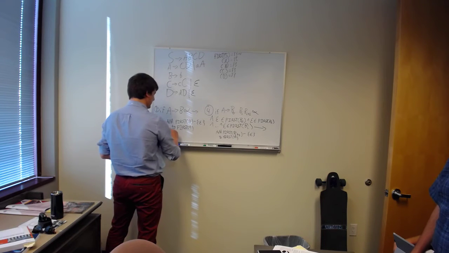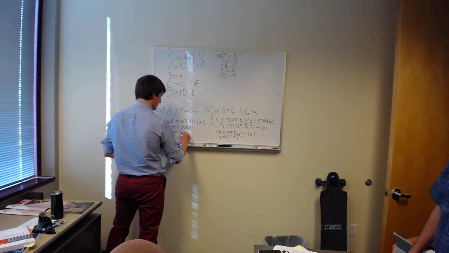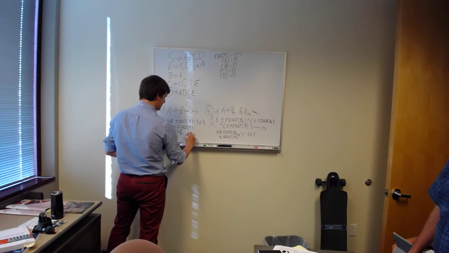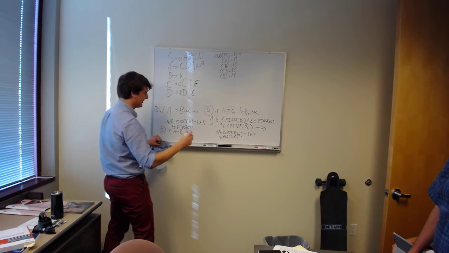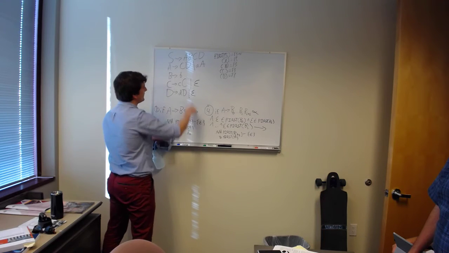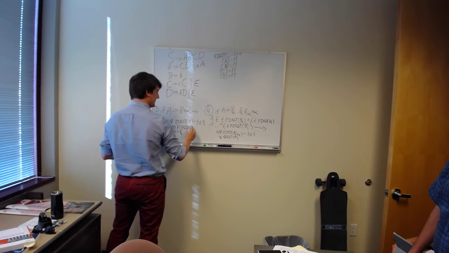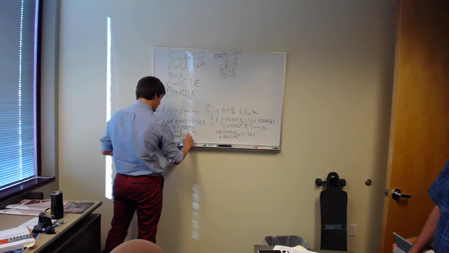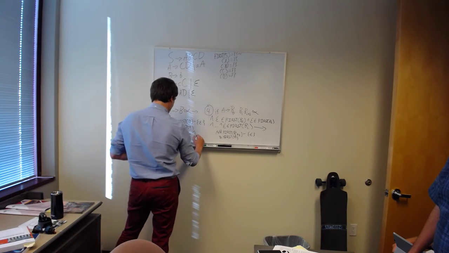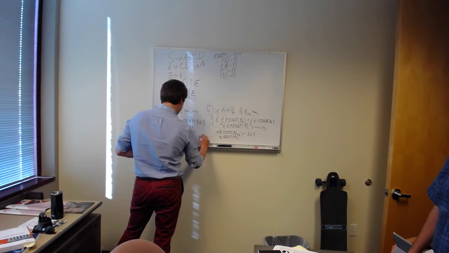It says if we have a rule, A goes to B0 all the way up to BK. So every single symbol in the right-hand side of the rule, terminal and non-terminal. Is this rule in that form? Yeah, that makes sense. And epsilon exists in the first of B0 and all the way up to epsilon exists in the first of BK.